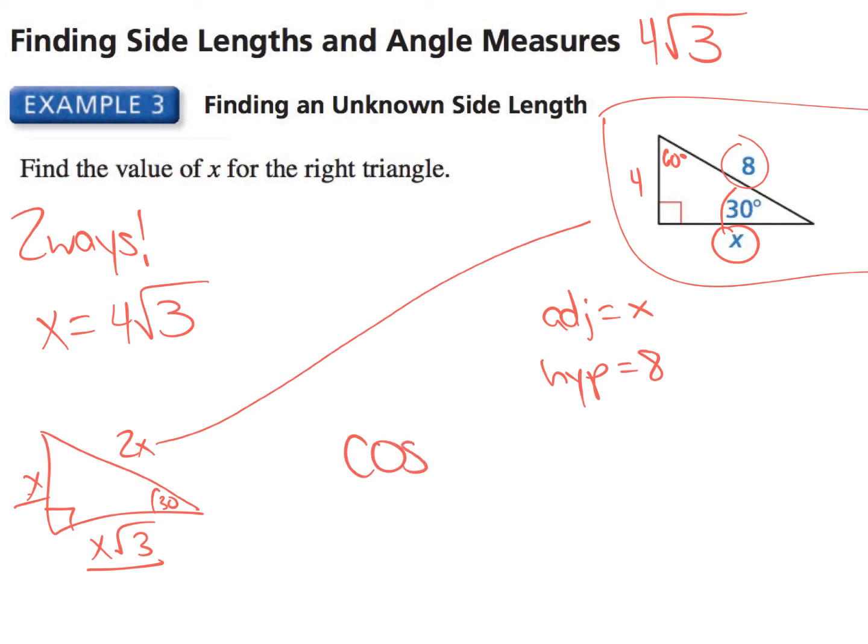So that means we're going to look at cosine of 30 degrees equals x over 8. In order to get x by itself, you multiply by 8. Then you have 8 times cosine 30. You plug it into your calculator, and if your calculator, which it should be, is in degrees, you should get 6.928.